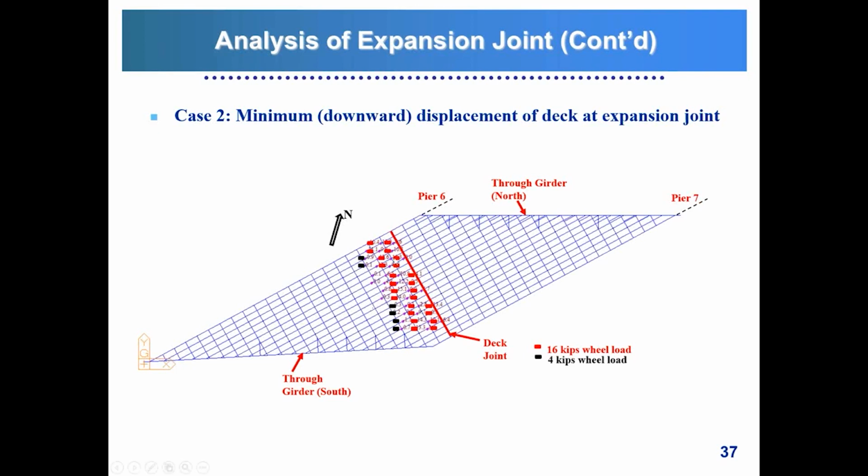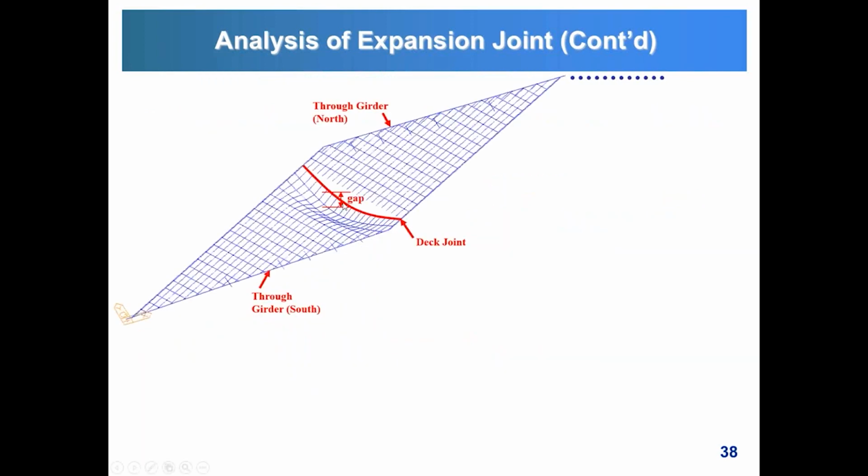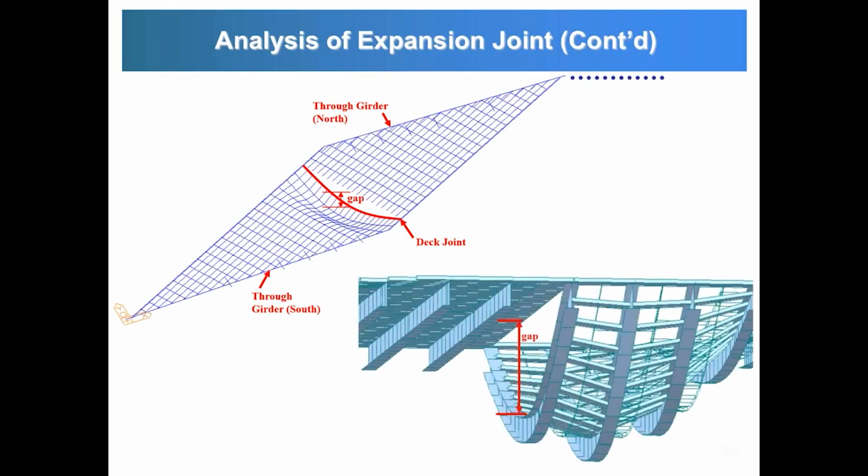So in that case, part of the bridge will deflect downward along with the floor beam, and since this part is not loaded, then it will stay where it is, creating this gap. Once the truck passes the expansion joint, then that gap will be closed, and again the deck will be hammering the top flange. Again, we look at the 3D rendering, and we can see the gap being created over there.